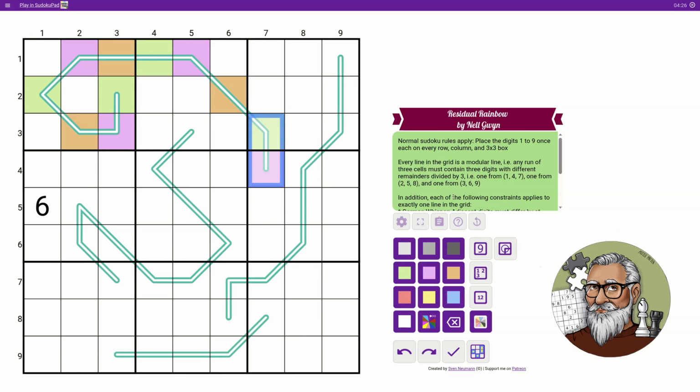Odd and even. Because they're always opposite, right? If this is odd, this is even, this is odd, right? So if this is odd, even. So if we take 1, 4, 7, that shouldn't be a problem, right? What am I missing?